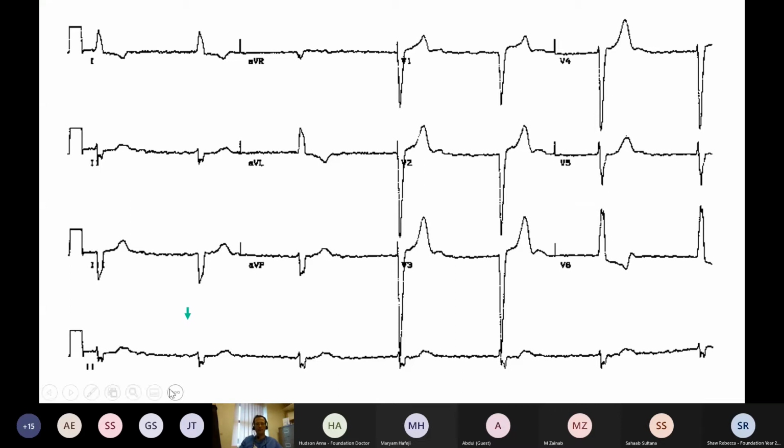Does everybody agree with me that this is a P wave? Looks nicely formed. You can see it in this lead and this lead and this lead. Can't see it so well here.